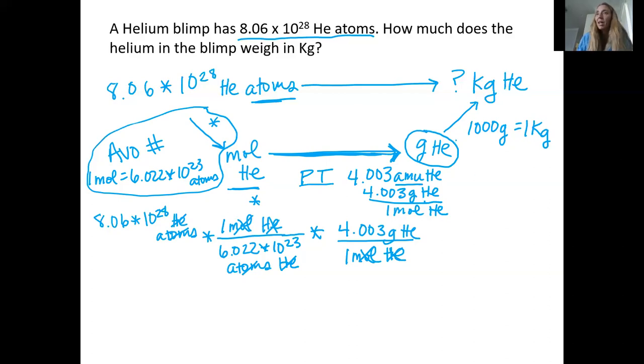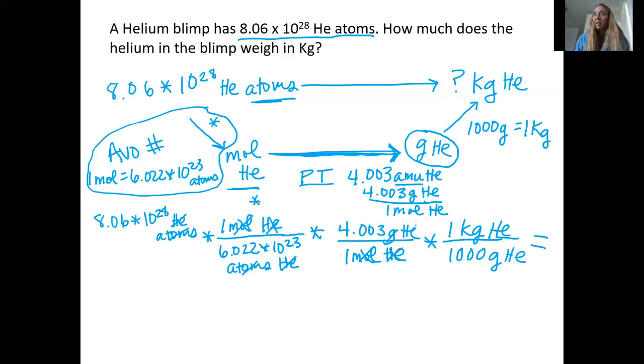And then the very last step, we're going from grams to kilograms. And so because I've got grams of helium at the top here, I'm going to put grams of helium at the bottom. And that equals 1 kilogram of helium at the top. Okay, it's the last dimension. So after this, my problem's done.